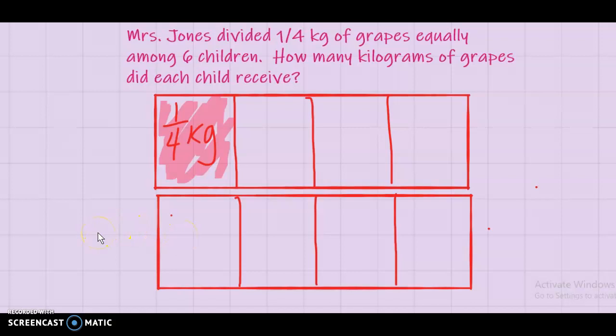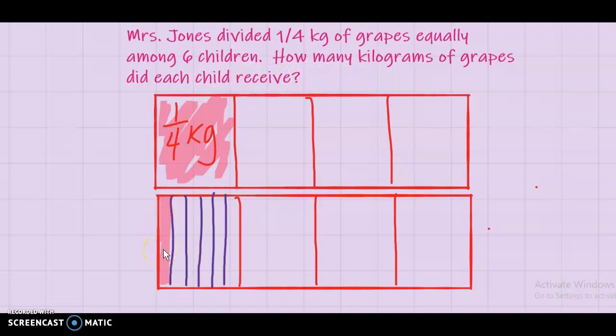First, I'll start off with 3 equal parts, and then I'll divide these again. And let me shade in how much she's giving to one child, because the question asked how many kilograms each child received.